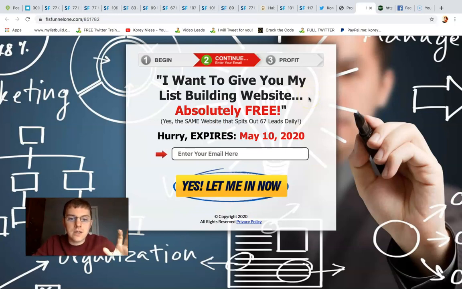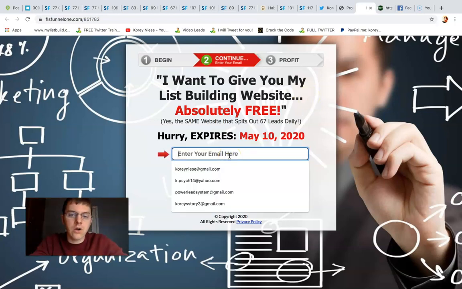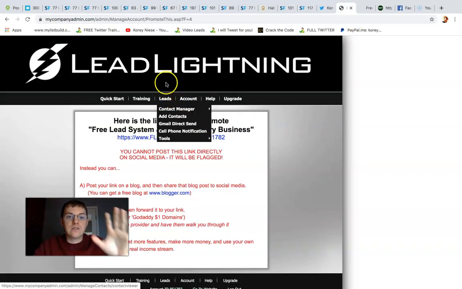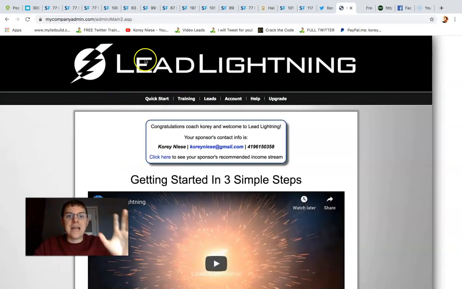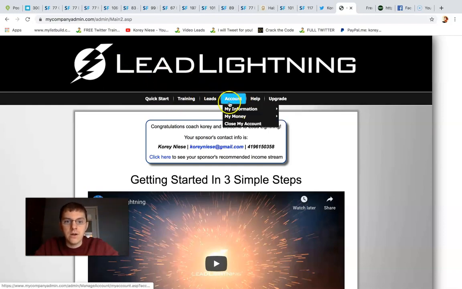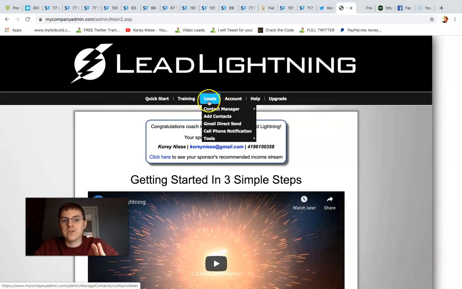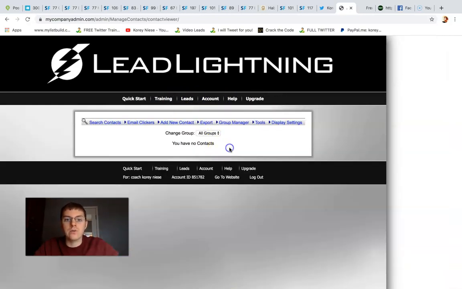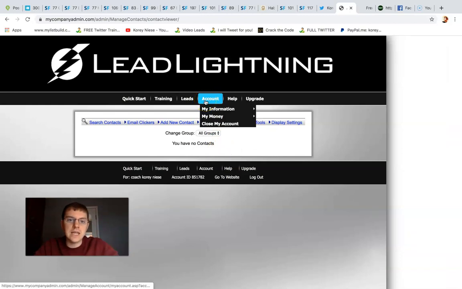So every person that enters their email here actually receives their very own free lead system, meaning they have an account similar to this, but at the top it says free lead system instead of Lead Lightning. They're able to collect leads here. They get their own little contact manager system, and they can track all of their leads. They get a little training, and they keep half the leads, and half the leads pass up to you or to their sponsor.